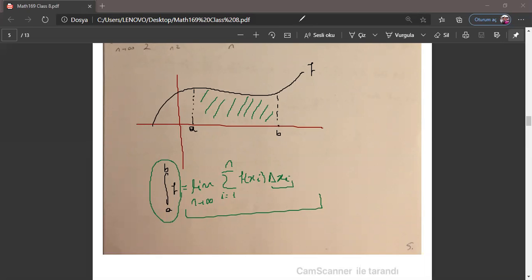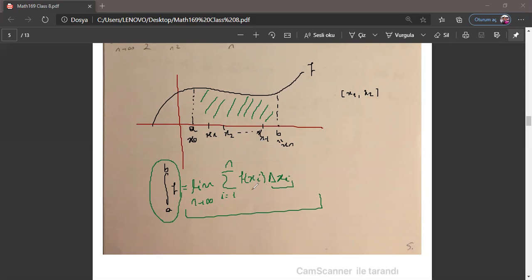So let's divide it: here we have x0, x1, x2, up to x n minus 1, and x n, where x n is equal to b. Here we have subintervals, for example x1, x2 is a subinterval.